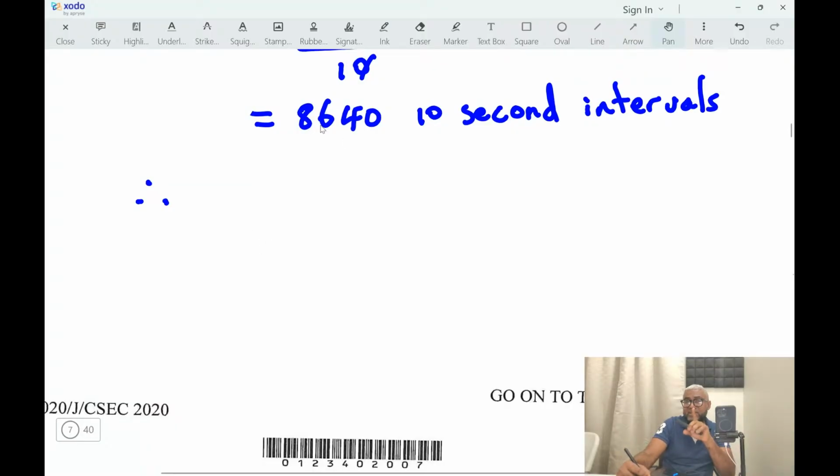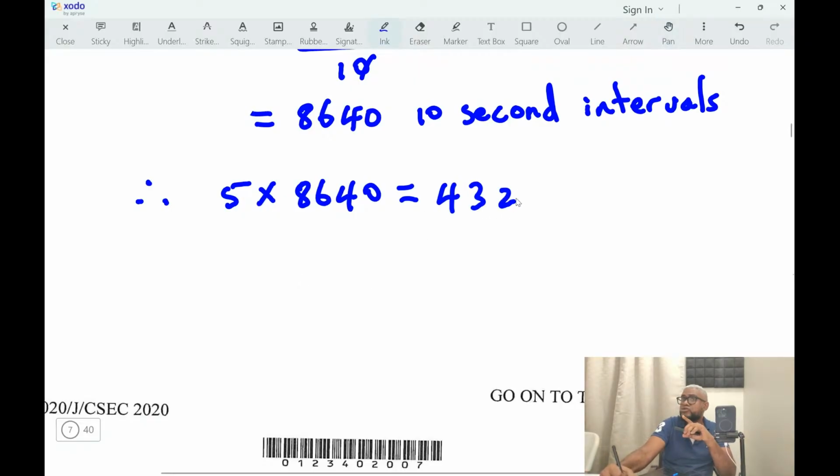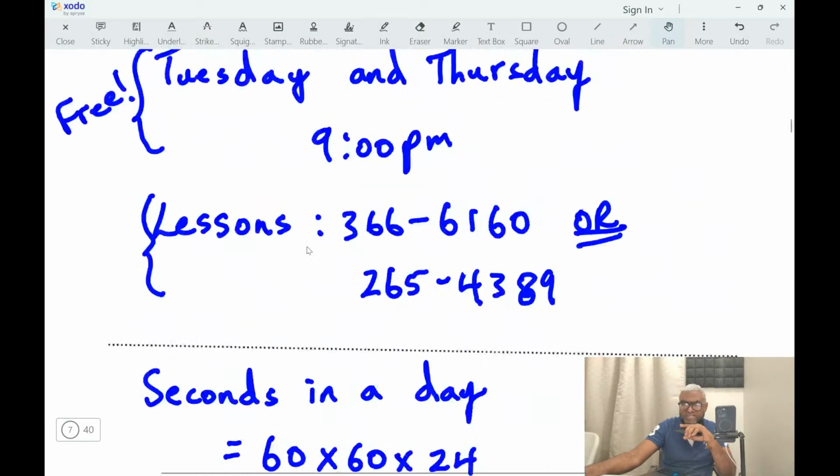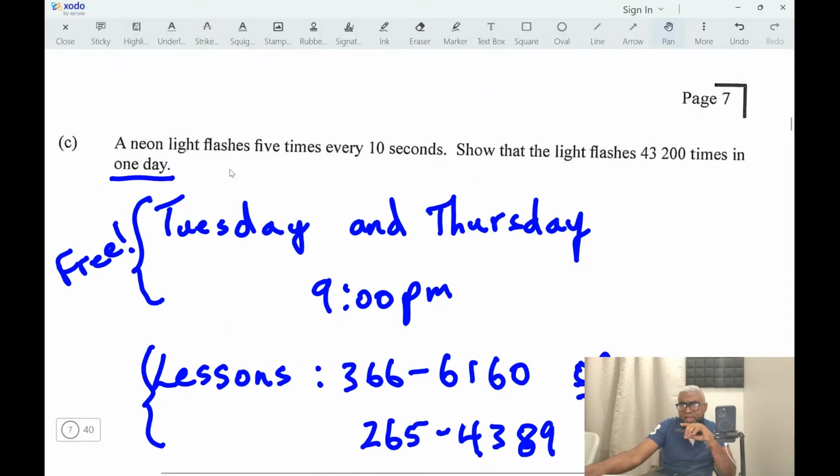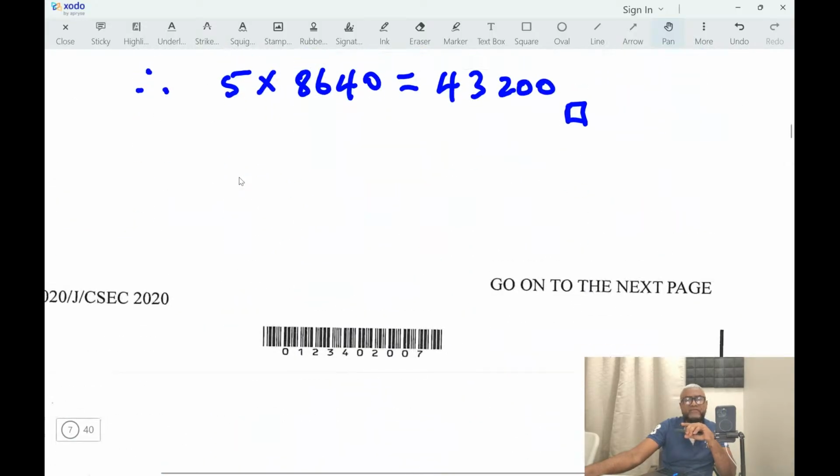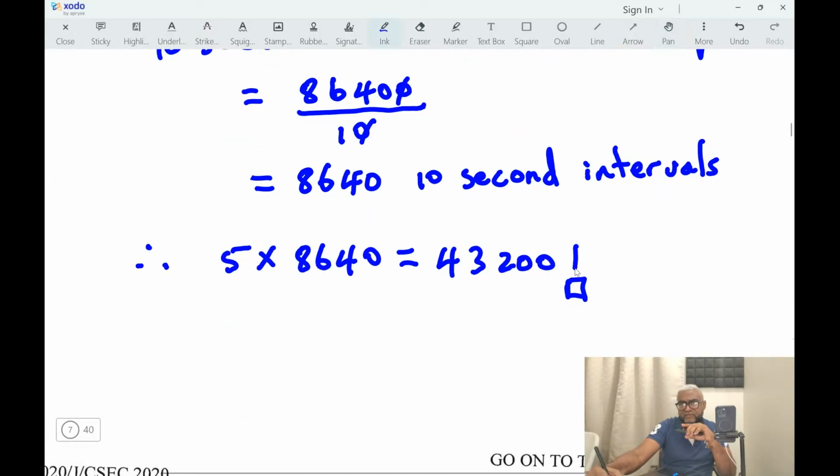If we have 8,640 10-second intervals, I'm going to take 5 multiplied by 8,640 to find out the total amount of flashes per day. When you multiply this, it's supposed to get 43,200, which is what they asked us to show above. So this is 43,200 flashes. Neon light flashes, so we'll just put the word flashes.